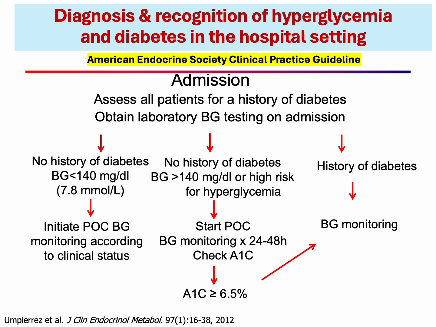Now, this is the algorithm from the American Endocrine Society guide in the diagnosis of inpatient hyperglycemia based on clinical context. For example, high-risk patients such as those on corticosteroids, total parenteral nutrition, or undergoing major surgery should have bedside glucose monitoring for at least 24 to 48 hours.